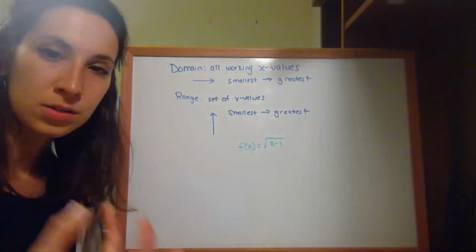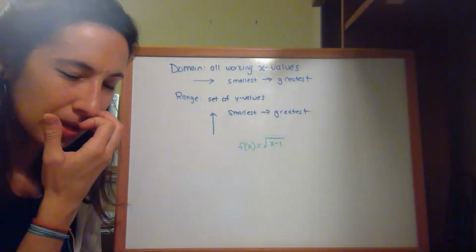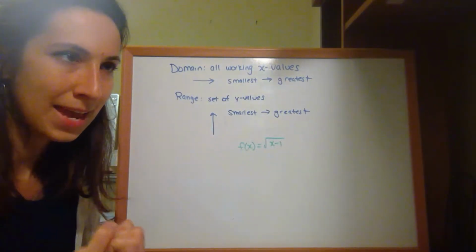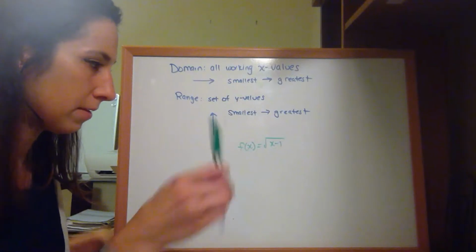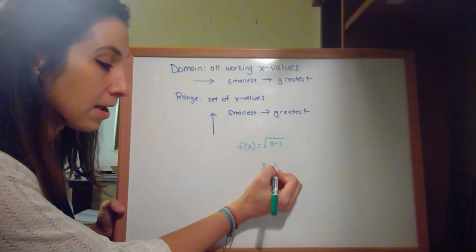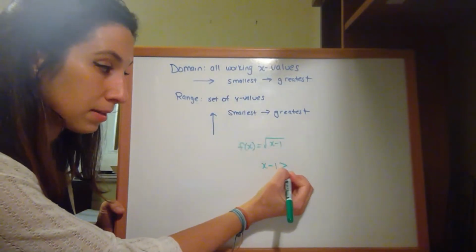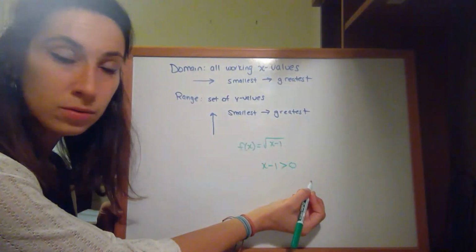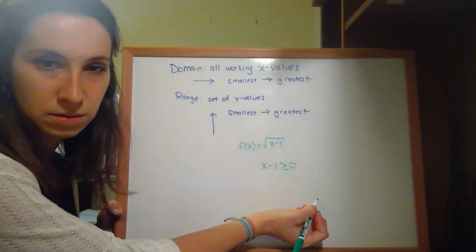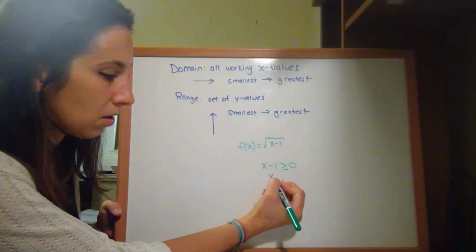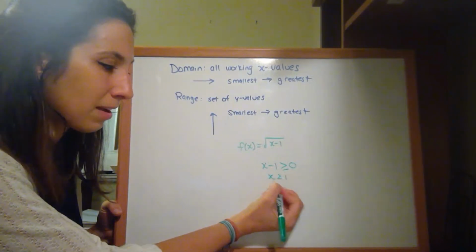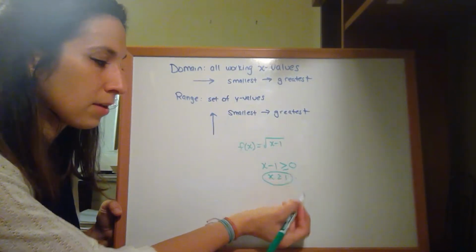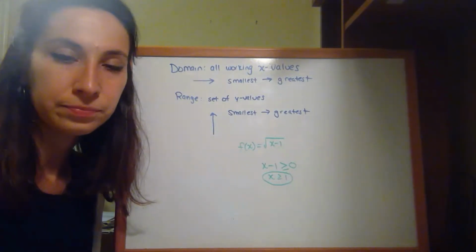So x minus 1, not x, can't turn out to be negative. It has to be greater than or equal to 0. Solving algebraically, x can be anything greater than or equal to 1.